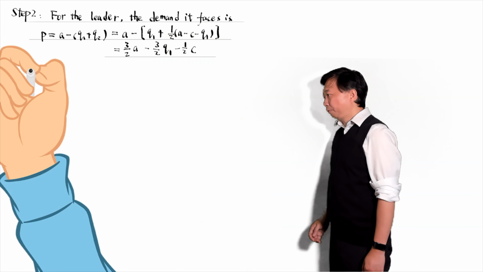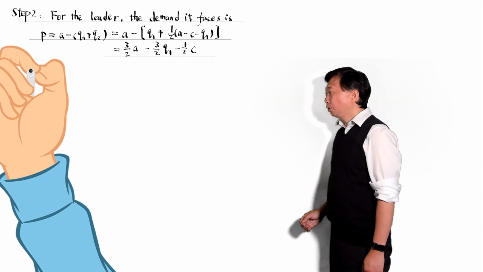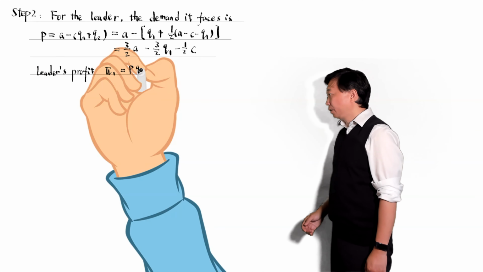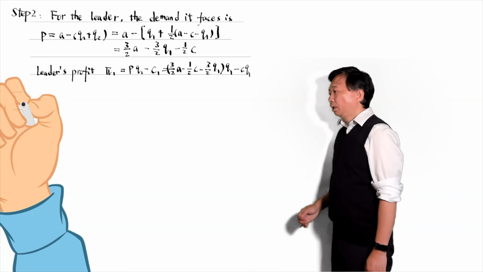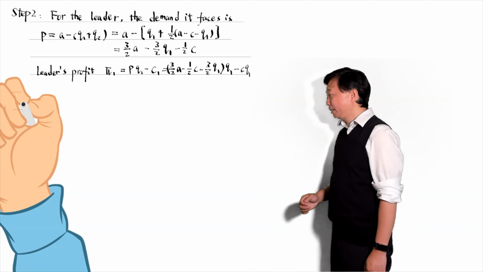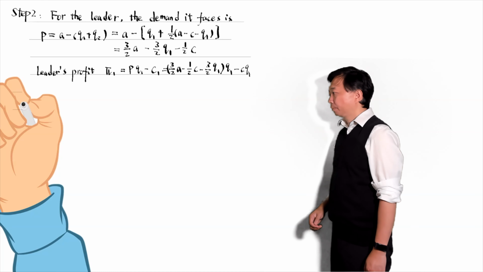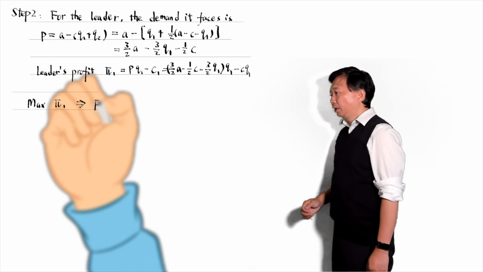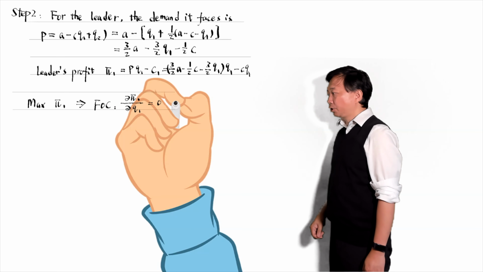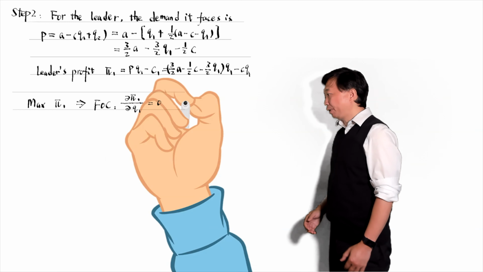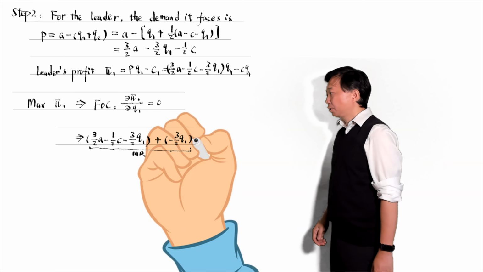The leader's profit is equal to total revenue, that is market price times quantity, minus total cost. The profit function contains only one variable, the leader's quantity of output. To maximize its profit, the leader chooses the output level that satisfies the first order condition, or marginal revenue equals marginal cost.